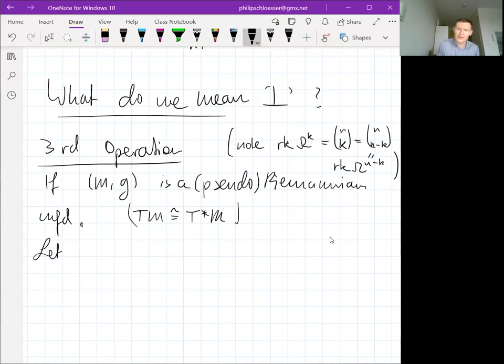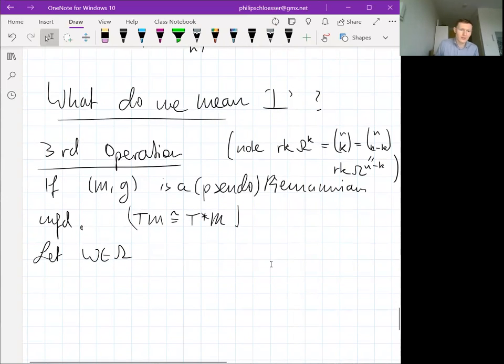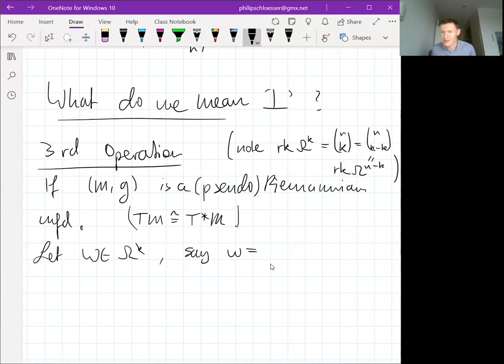So let omega be a k-form, and I'm going to give an expansion not in multi-indices, because it's not very useful for this case: omega equals the sum of omega_{i1...ik} dx^{i1} wedge ... wedge dx^{ik}.